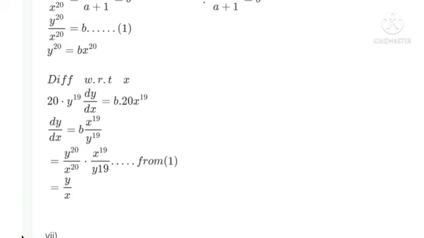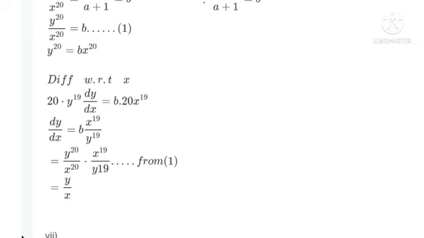Now you write y raised to 20 is equal to b into x raised to 20. Now differentiate with respect to x. We get, what is the derivative of y raised to 20? 20 into y raised to 19 into dy by dx, and b is the constant term. What is the derivative of x raised to 20? 20 into x raised to 20 minus 1, means 19.